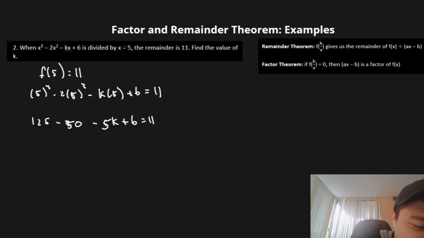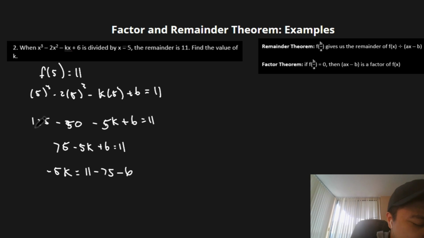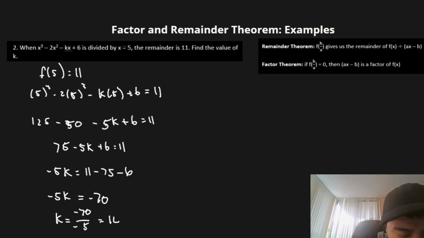So we have here 75, negative 5k, equals 70, then k equals 14. Sweet, there we go. K equals 14.